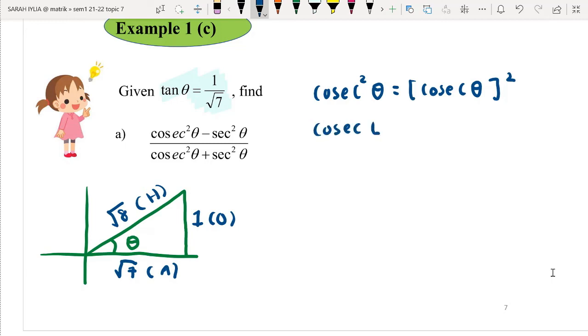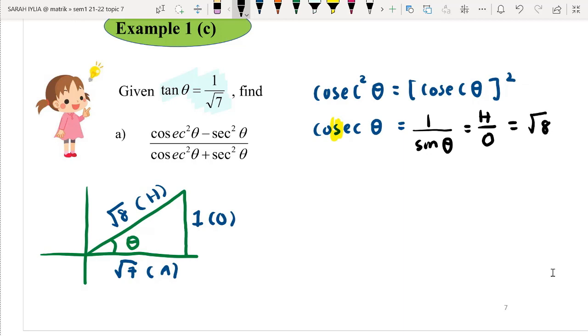So cosecant theta, remember the third alphabet is S. So it's basically 1/sine theta. Dia akan jadi terbalik. Hypotenuse over opposite. So from here we get hypotenuse tadi root 8, opposite is 1. So kita dapatlah root 8 untuk cosecant.